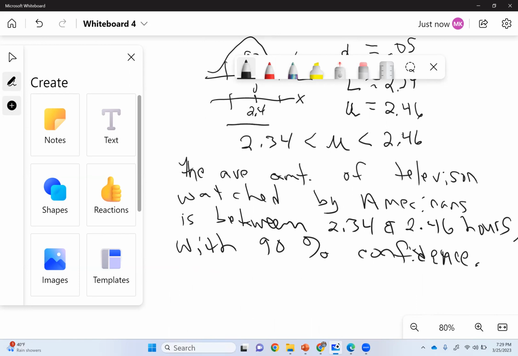But statistically, our important information is to say that 2.34 is less than mu, which is less than 2.46.